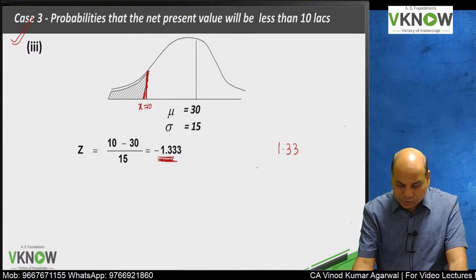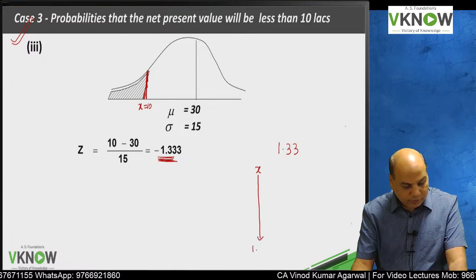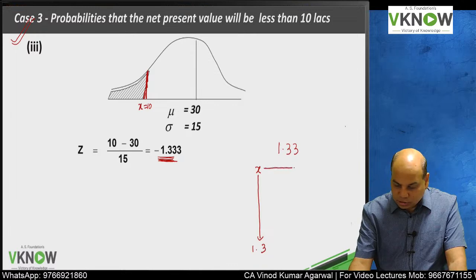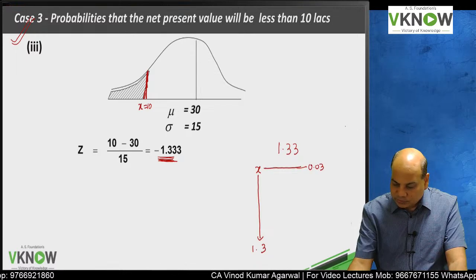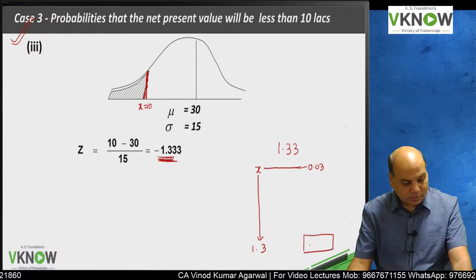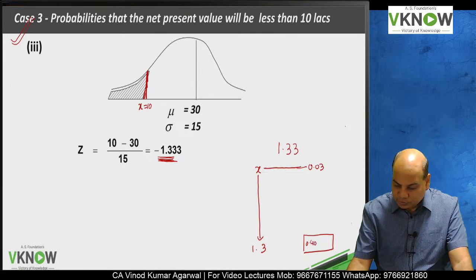So first you come to the first column, you will find 1.3 here, and then in the top columns you go to 0.03 and you find the probability here. Move right side 4 columns and you will find 0.40824.